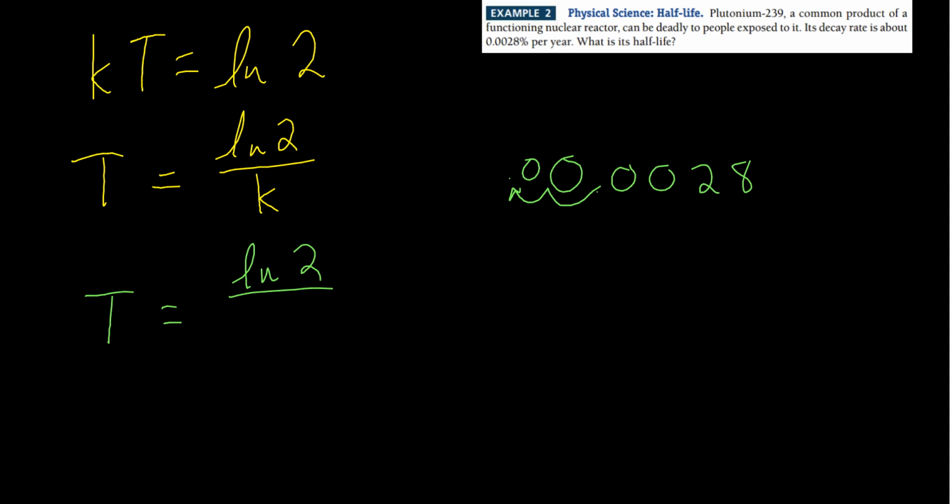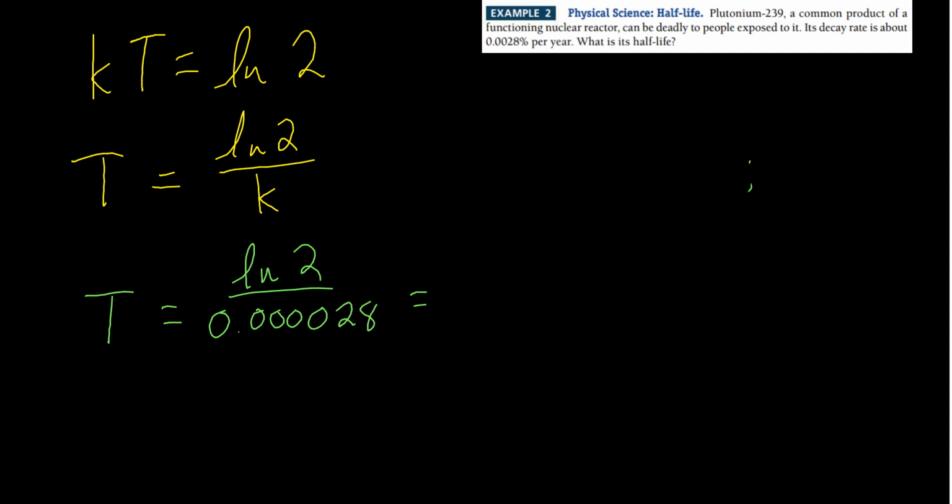Okay. So we've got a ridiculous number here. 0 point, and then that's 4 zeros, 1, 2, 3, 4, 2, 8. Well, what is the natural log of 2 divided by that? So natural log of 2 divided by 0.00002 8.